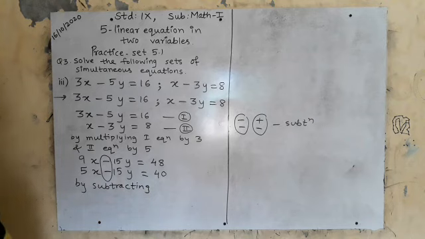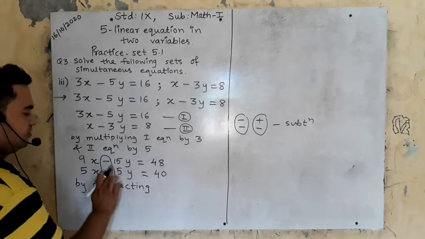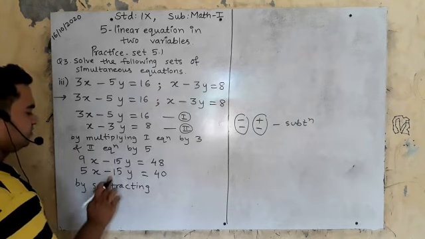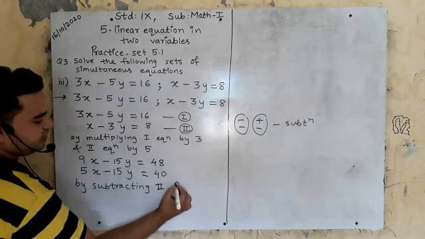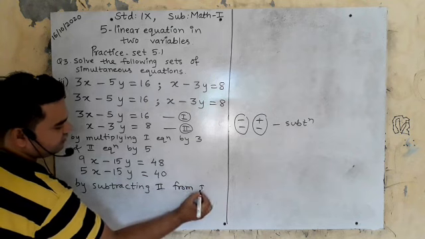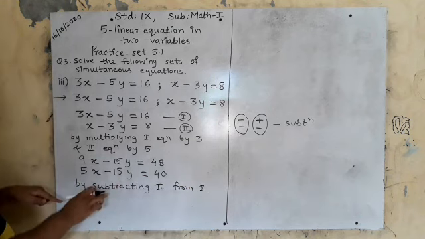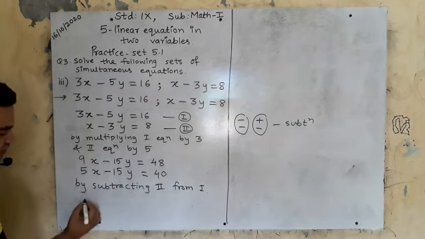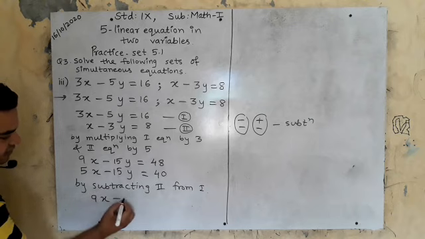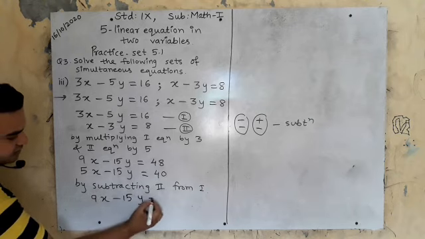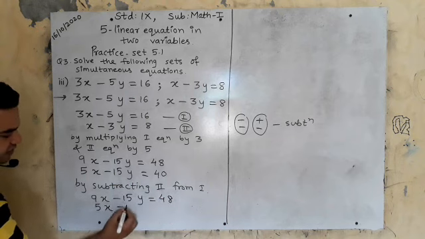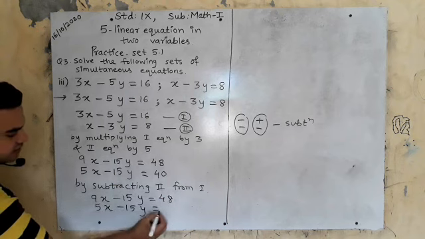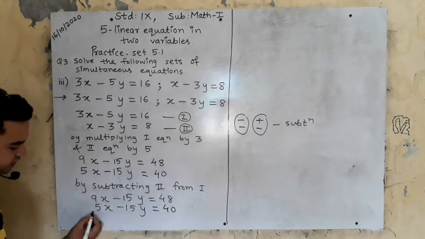By subtracting the second from the first, since the second one is smaller. So you will write first 9x minus 15y is equal to 48, and then 5x minus 15y is equal to 40. What will you do here?